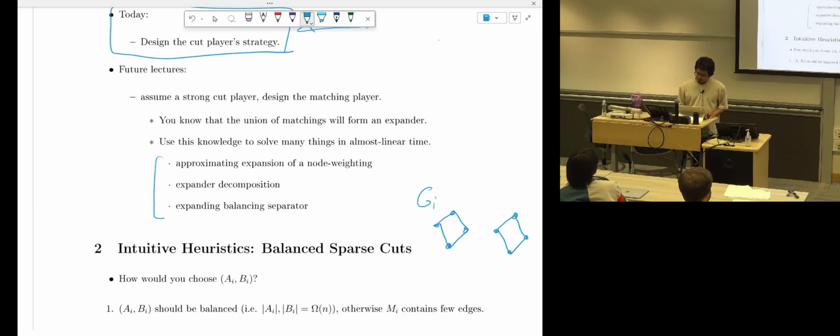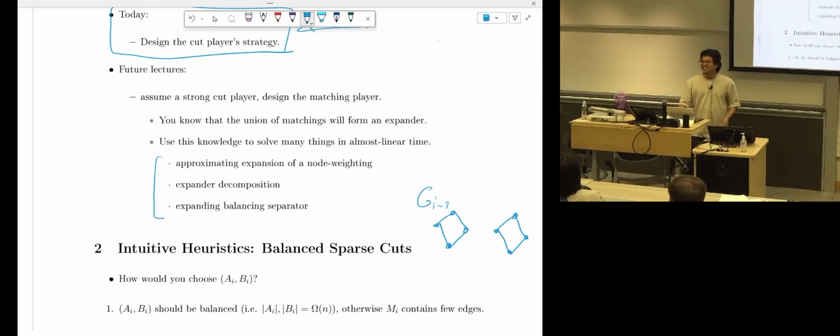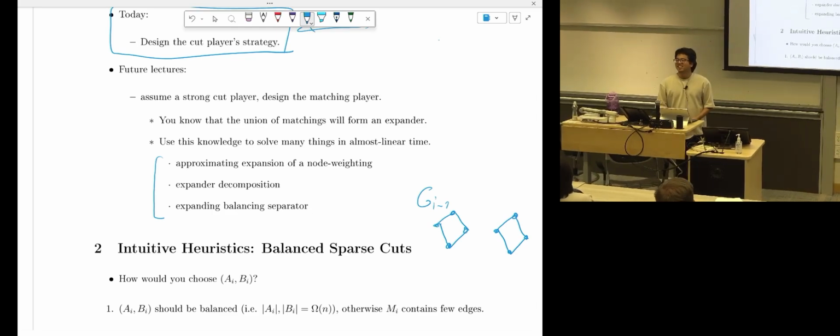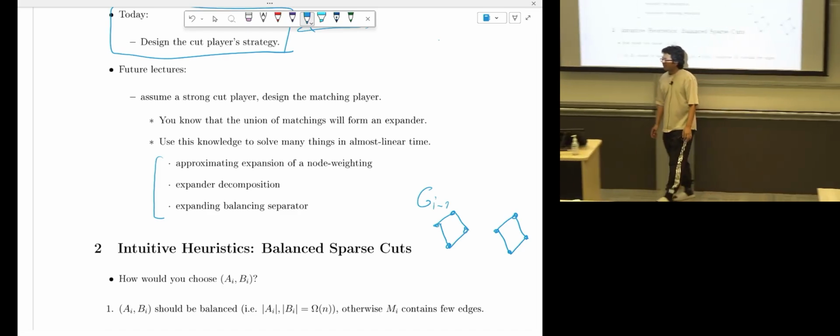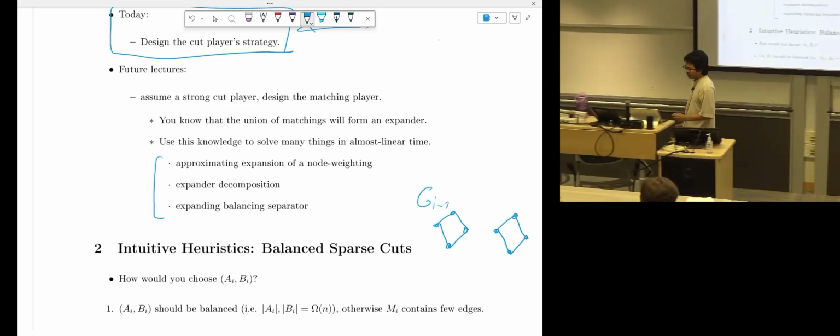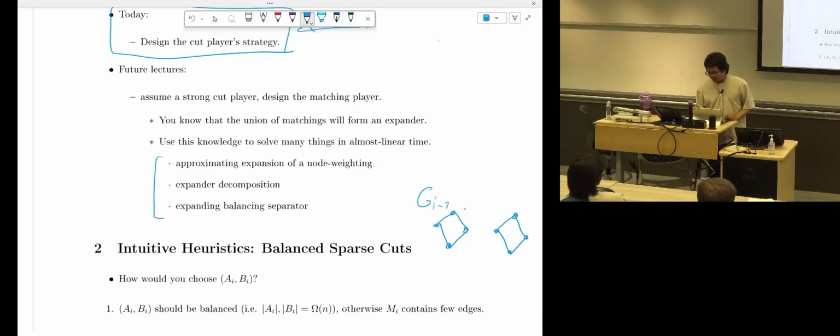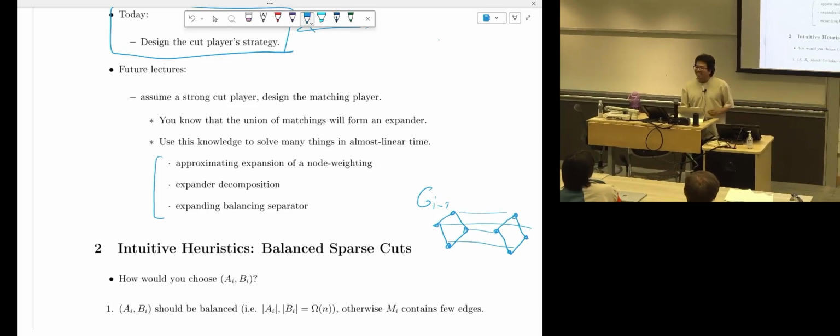This is the graph G_{i-1}. How would you choose A and B? I guess components, this kind of components. You can choose the two components like this, right? Then at least it connects the two components together.